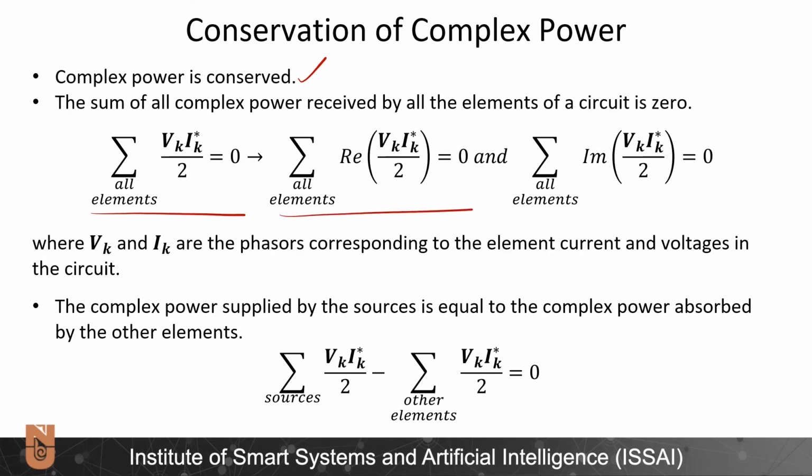So in other words, the sum of all real parts of the power received by all the elements should be equal to 0, and the sum of all imaginary power received by all elements should be equal to 0 as well. Here V and I are phasors corresponding to the different elements in that circuit.